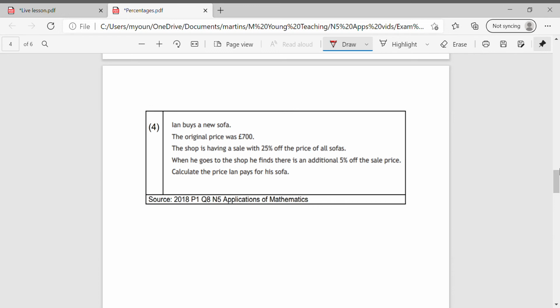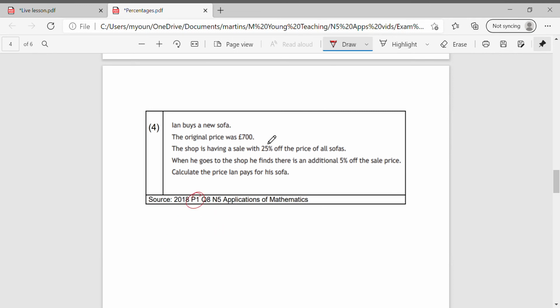What you've got to do is work out 25% off the original price and then 5% off that new price that you've calculated. So first thing we're going to do is work out what the sale price was and then take 5% off that. This is a paper 1 question, right? So we're going to have to deal with these percentages non-calc.